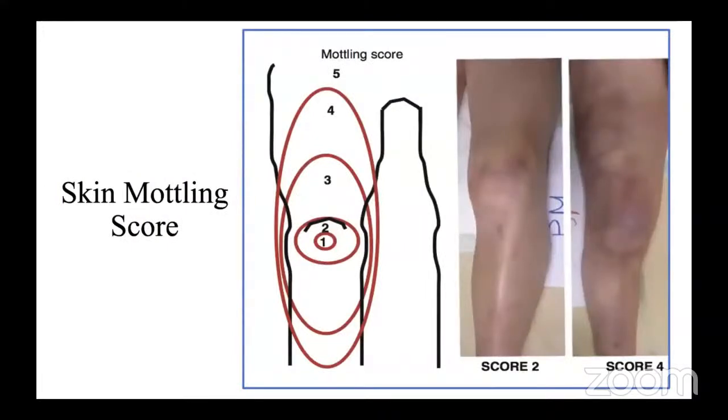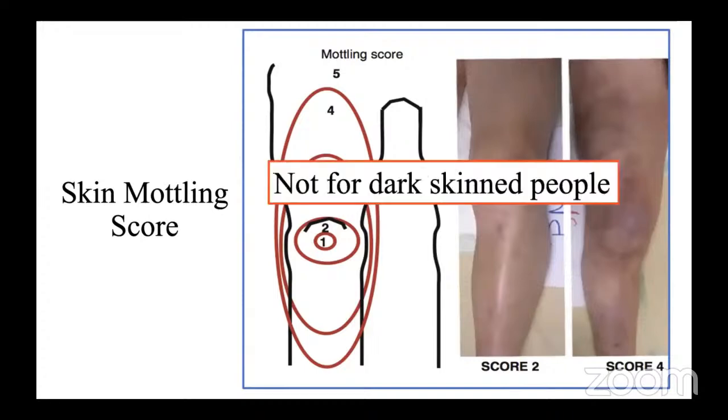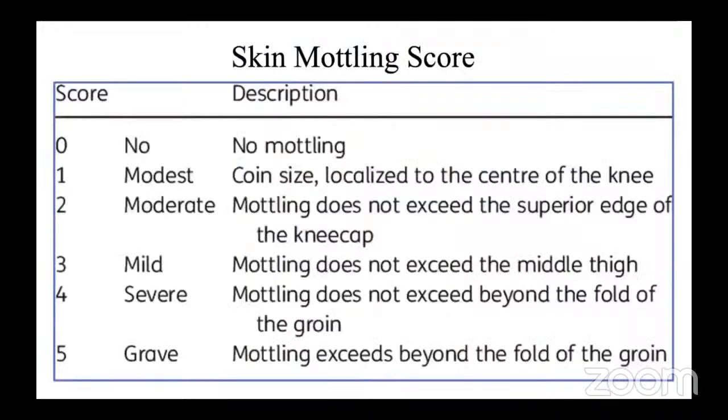In mottling score, you look at the color of the skin around the knees. 0 indicates no mottling, whereas 5 indicates presence of mottling across the groin fold. And it cannot be used for dark skinned people.